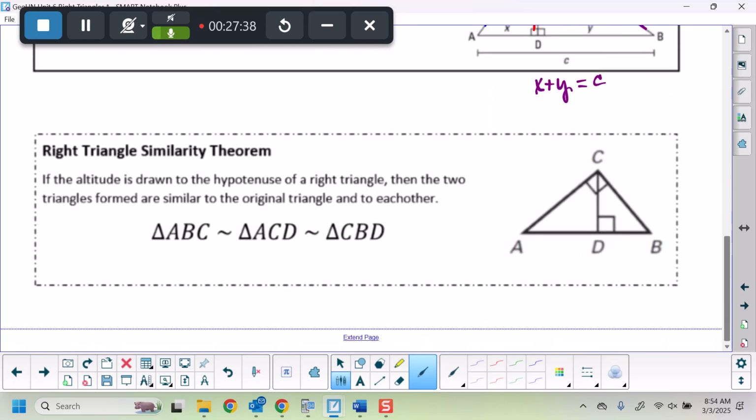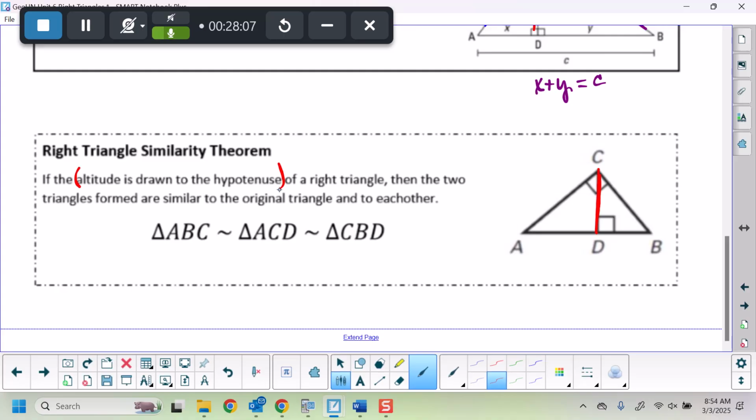The right triangle similarity theorem is something that we've already proven using a physical proof. If the altitude is drawn to the hypotenuse of a right triangle, then the two triangles formed are similar to the right triangle and each other. Here's our altitude to the hypotenuse. So make sure you understand what this word is. Altitude is drawn to the hypotenuse of a right triangle, then I can have these three similar triangles.